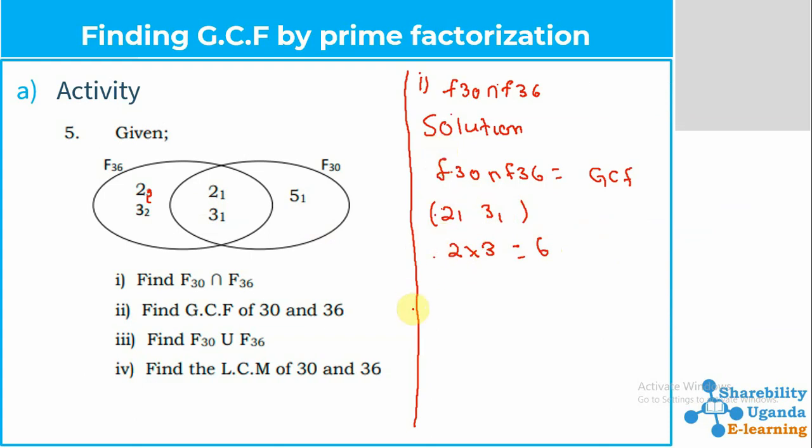Then we can also find our Roman numeral 2. We are finding the GCF.